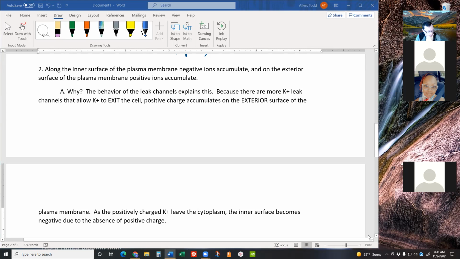So is potassium, the positive potassium ion, like free flowing? No, what do you mean by free flowing? Like it's not attached to any other ion to create like a molecule? Okay, yes, thank you. Yeah, you are correct.